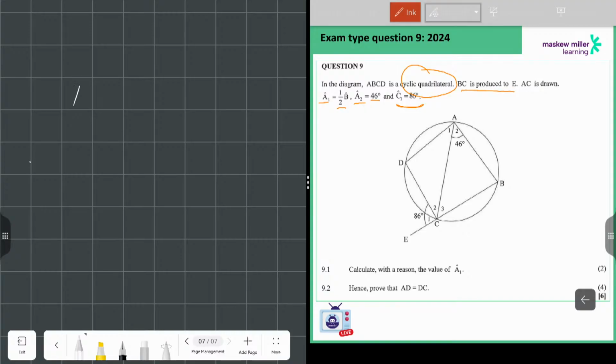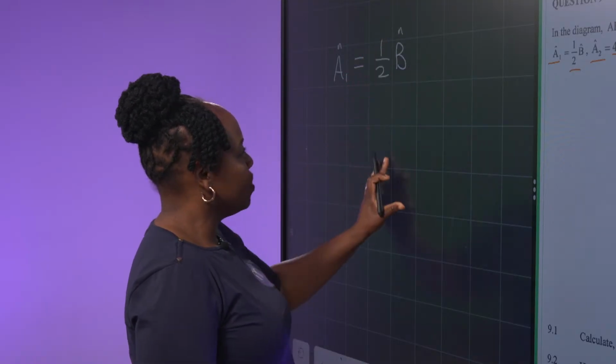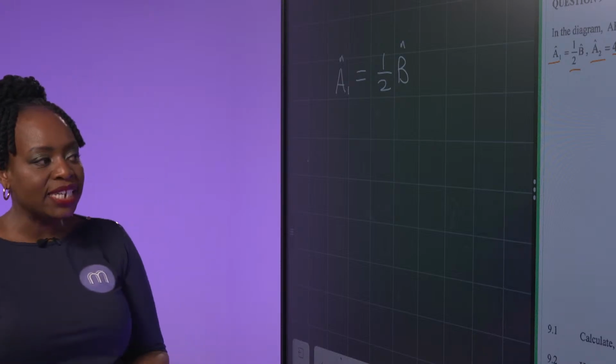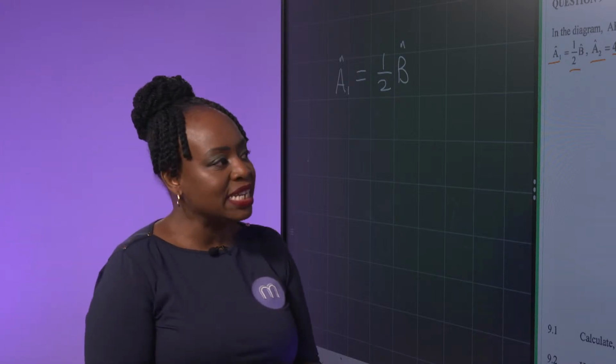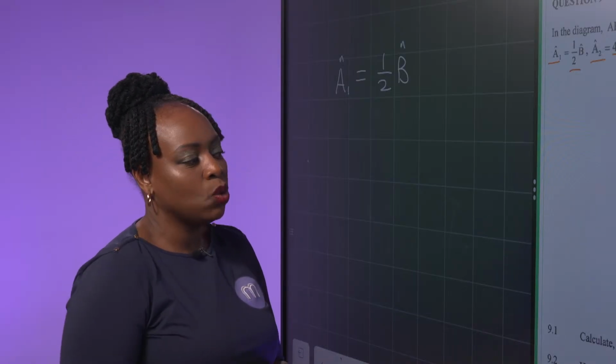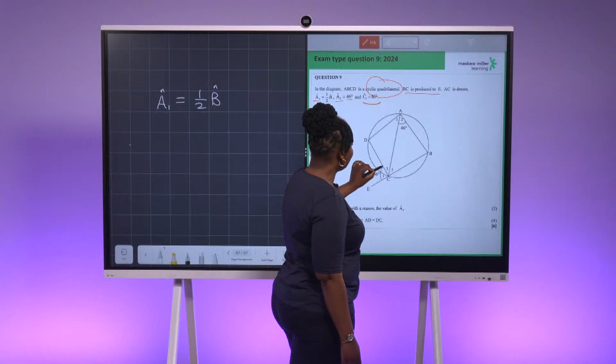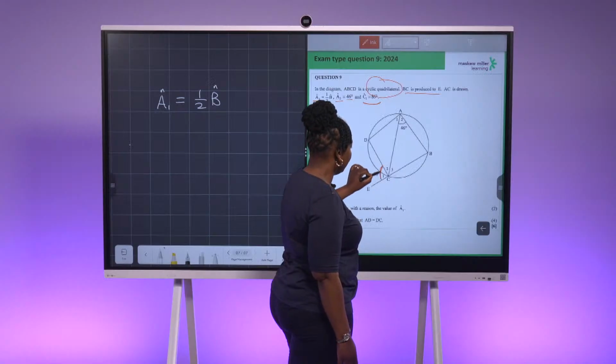Now, we already know that A1 has been given to be half of angle B. What you need to do with that is first find what angle B can be, or use your A1 ideas to get where you want to go. So here, for example, this is my exterior angle of a cyclic quad, right?